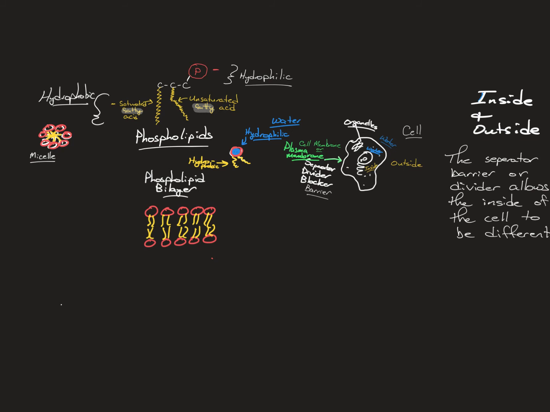All right. So phospholipid bilayers, guys. So we said things have to get in and out. You have to get food in, and you have to get poop out. You have to get waste out. Not just waste. The acid in your stomach that we talked about earlier is produced by the cells of your stomach. You have to get that acid into the stomach.